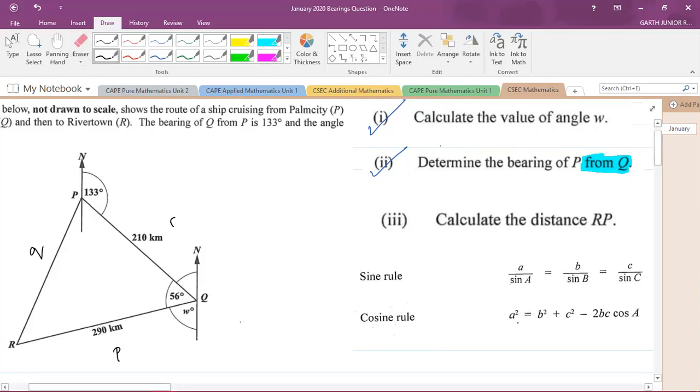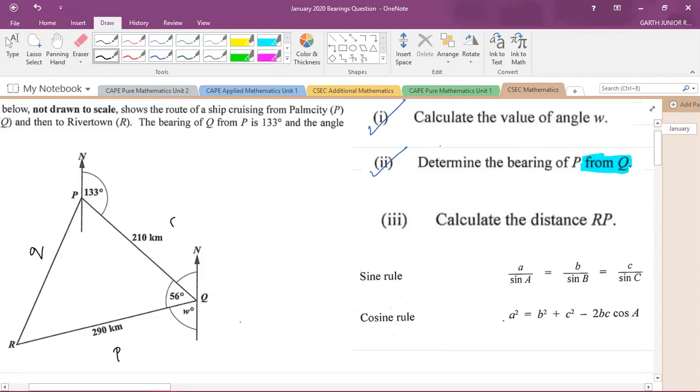The cosine rule says a squared equals b squared plus c squared minus 2bc cos a, where a would be the side that you're trying to find. What we're trying to find is RP, which is Q. We're trying to find small q.